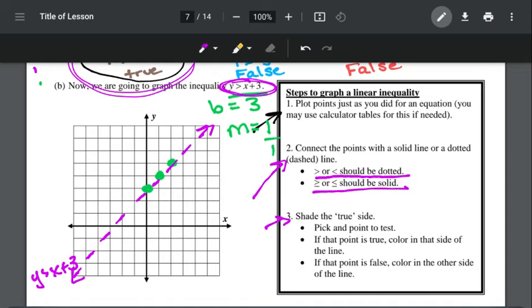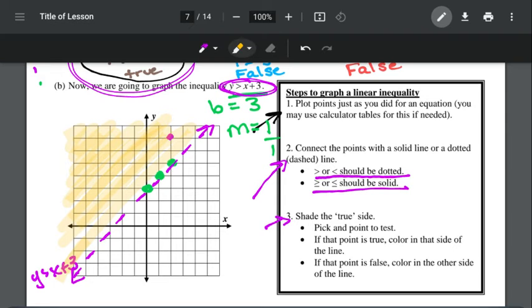So 2, 7 is 1, 1, 2, 3, 4. 2, 7's right here. That means, let me highlight it. This whole section is true. If that's true, that means any point you pick where I highlighted in yellow is going to be true.